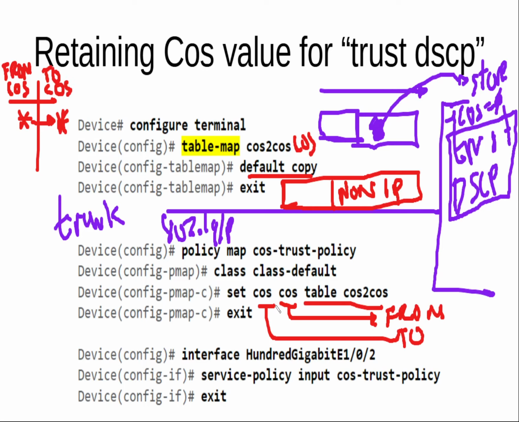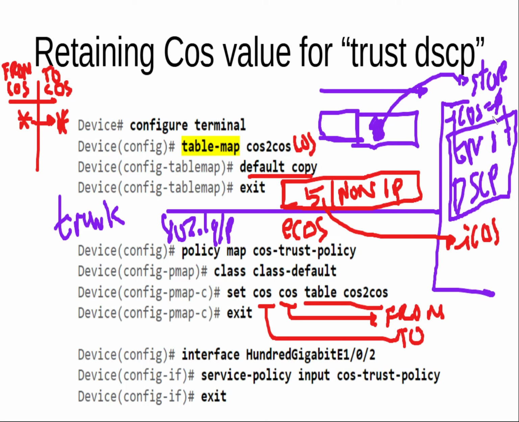So what I am saying with this command is that the cost that is arriving along with this packet, which I'm going to call the external cost, for instance 5, is going to be copied into the internal cost.